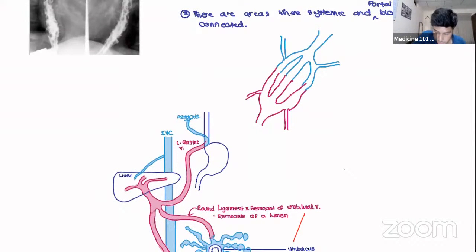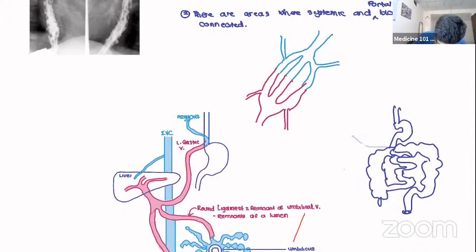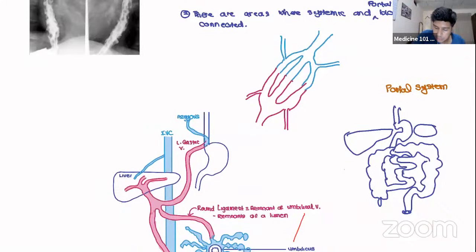Don't draw what I'm going to draw now. Okay. Now, what is this portal system? Let's take a look at what this portal system is. The portal system is the blood vessels that come from the veins that come from all those arteries we talked about.